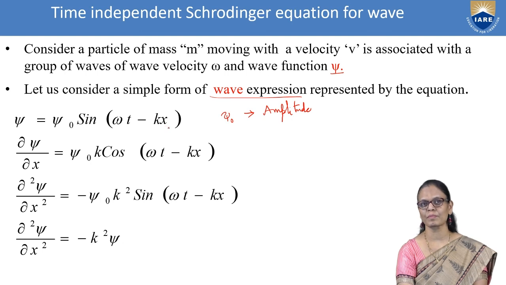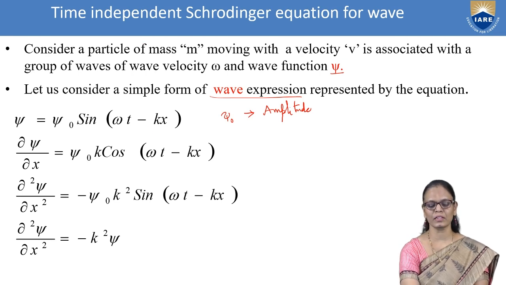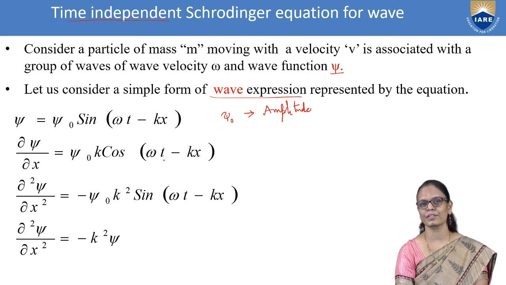Now, once you have psi, you can find dou psi by dou x, taking the derivative of psi with respect to x. And I told you we are deriving the time independent equation. We are keeping the time constant here. So, dou psi by dou x will be equal to what?